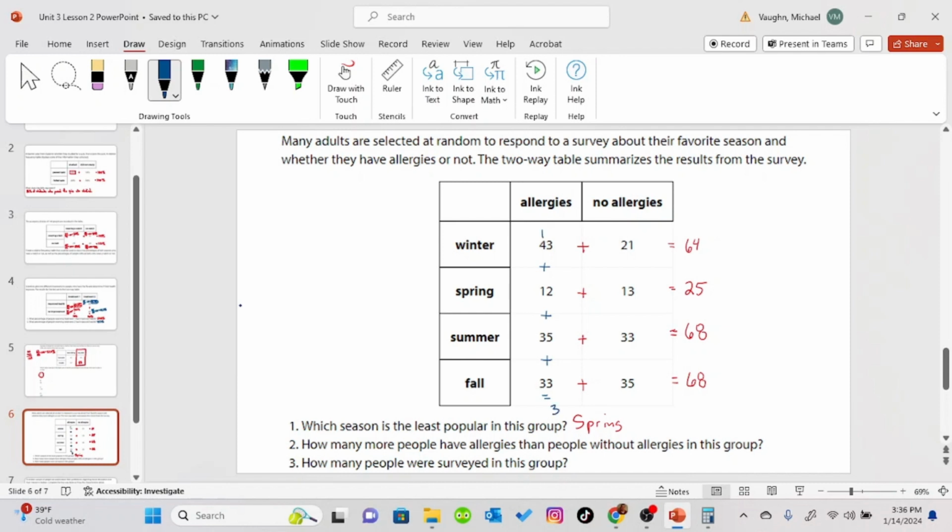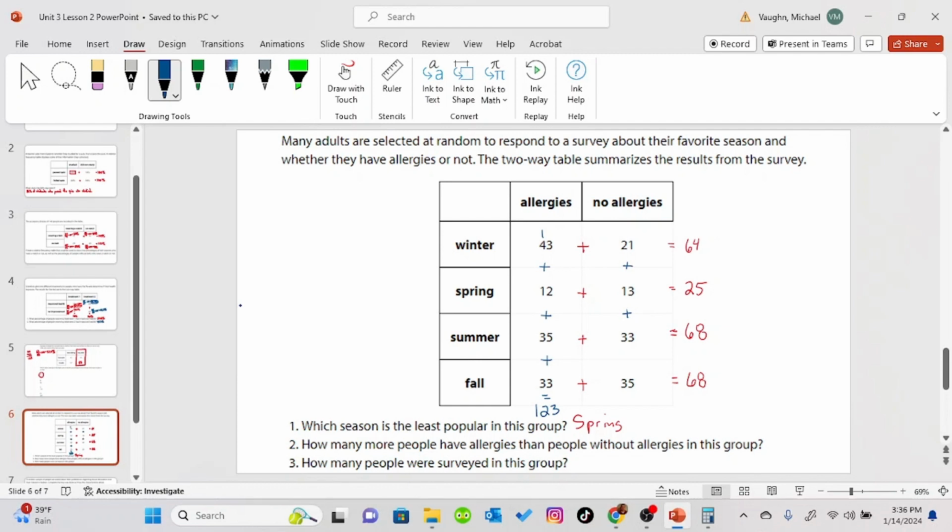Carry 1. 1 plus 4 is 5, 5 plus 1 is 6, 6 plus 3 is 9, 9 plus 3 is 12. So 123 people have allergies.